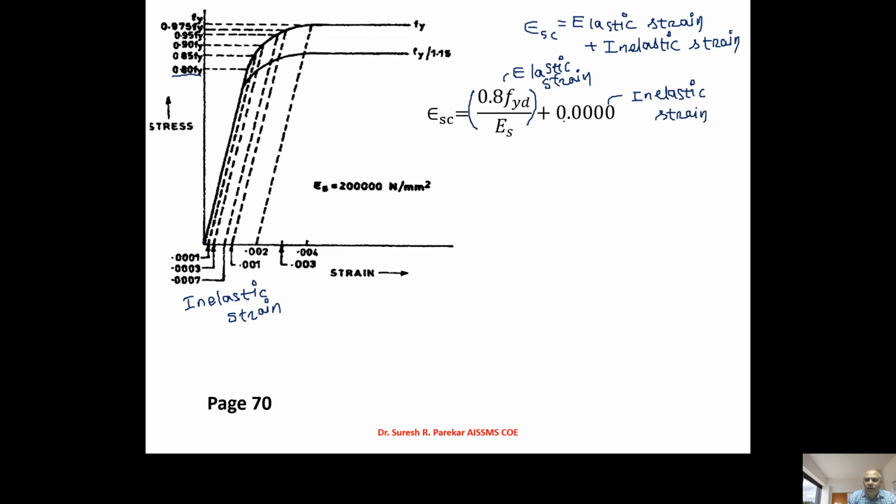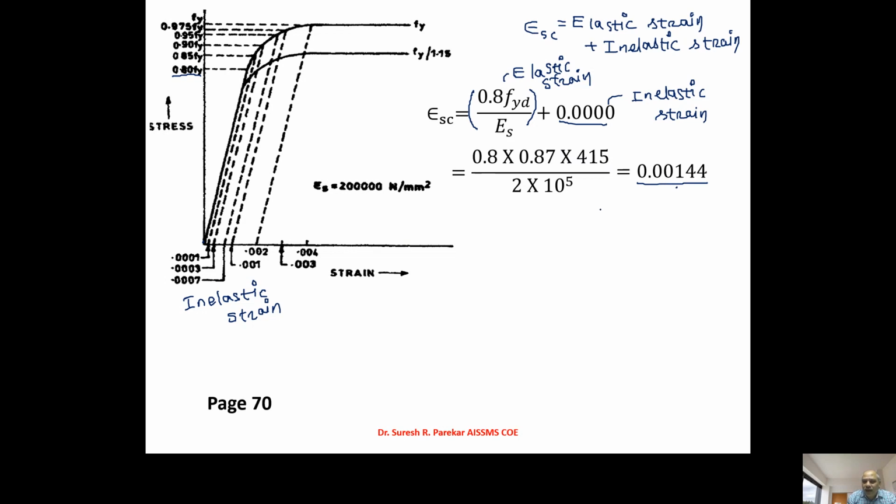Now 0.8 fyd upon Es plus 0, because for the first value 0.8 fy you can see we have this value as 0. We substitute the values: 0.8 into 0.87 into 415 upon 2 into 10 raised to 5, plus 0. From this we get epsilon sc as 0.00144.